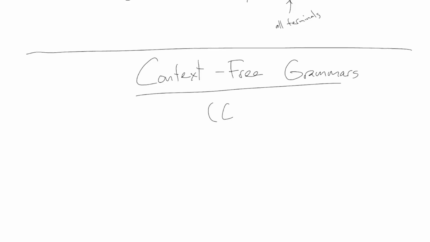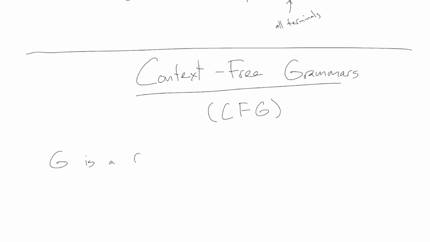I'm going to write this as CFG, context-free grammar. This is not so simple as the linear ones because those are very simple. It allows quite a bit more things. But anyway, I will just say what it means.